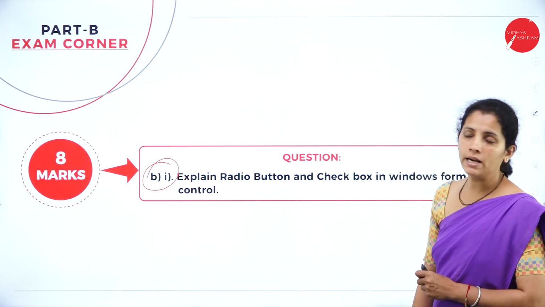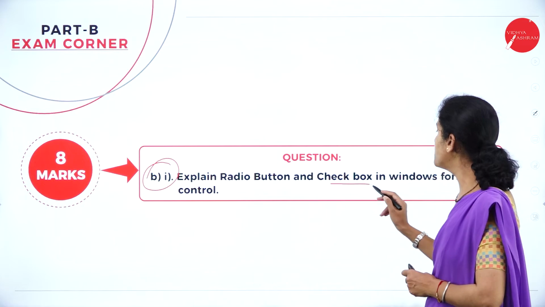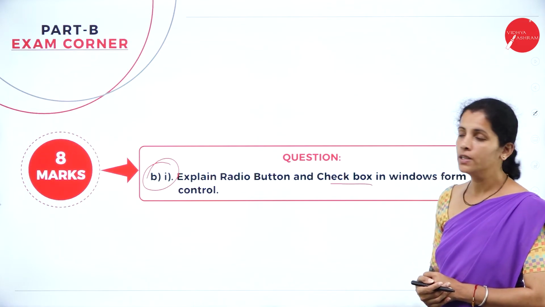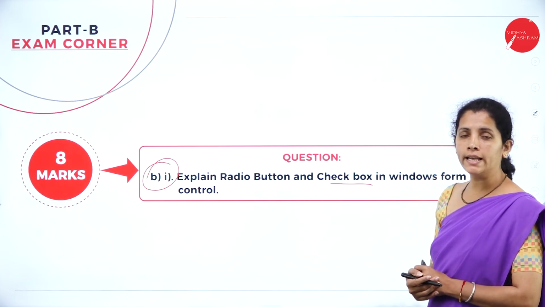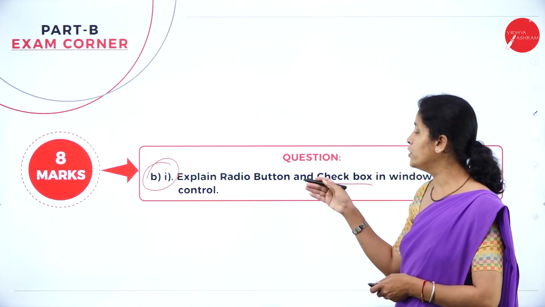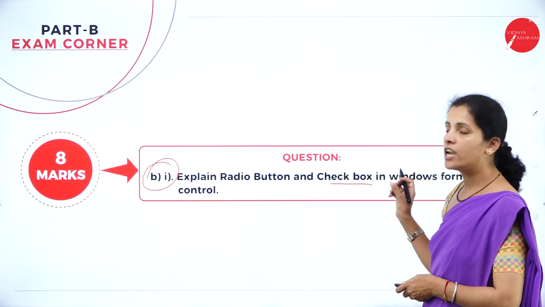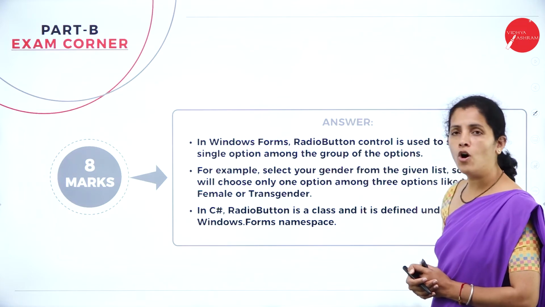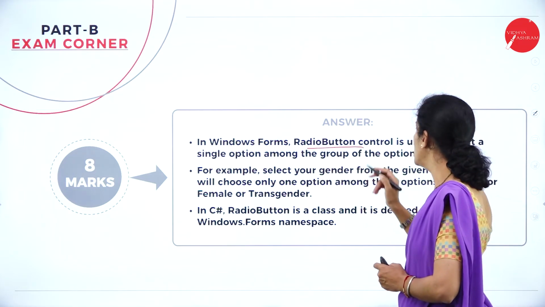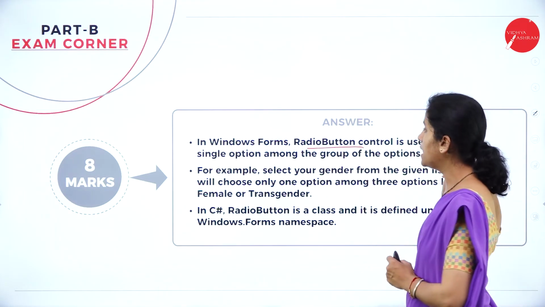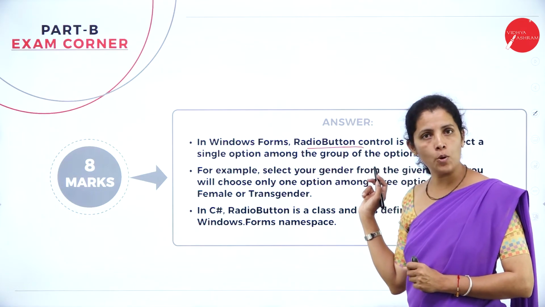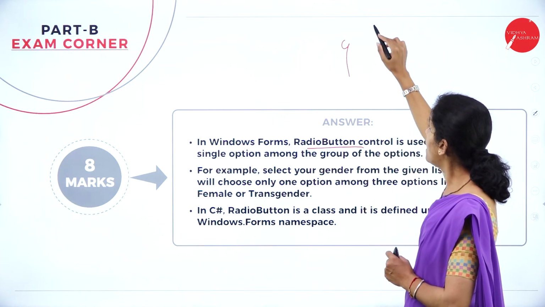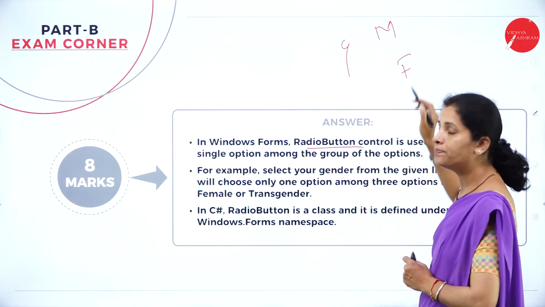Now, the next question here is explain radio button as well as checkbox in Windows Form control. So, dear student, I want to tell what is the use of radio button as well as checkbox. In Windows Form, radio button control is used to select a single option. For example, if I consider gender, I have male and female.